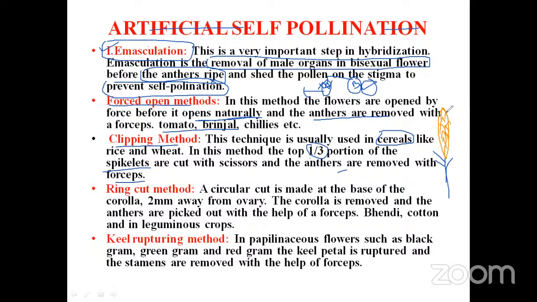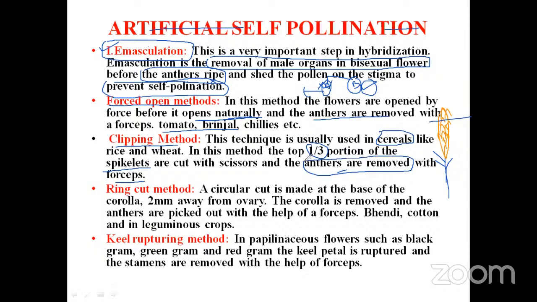The top 1/3 of the spikelet is cut with scissors, and the anthers are removed with the help of forceps.